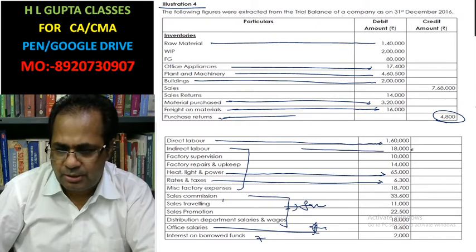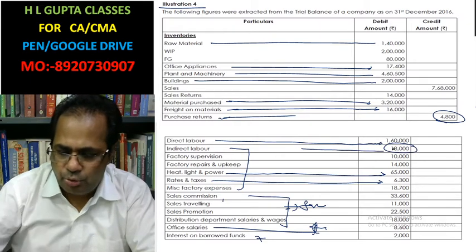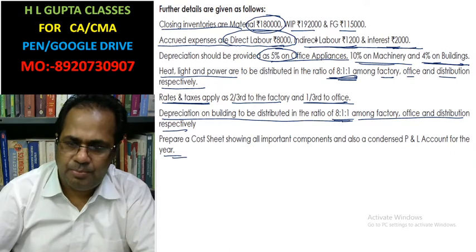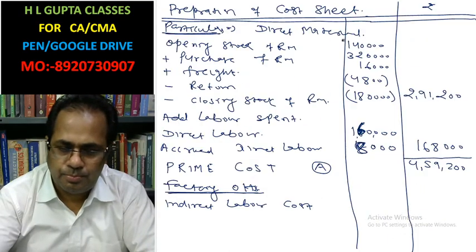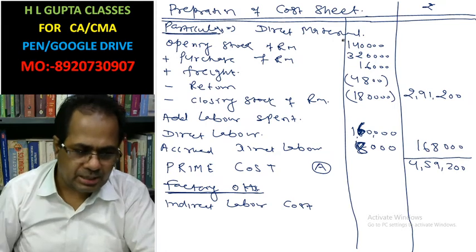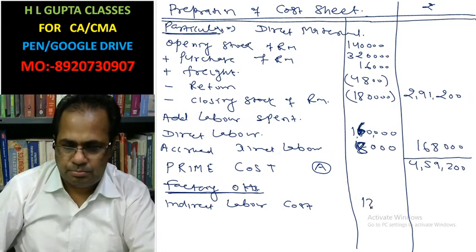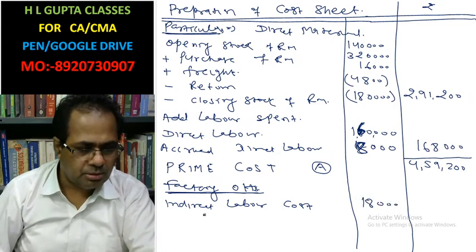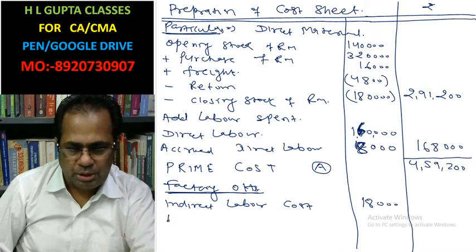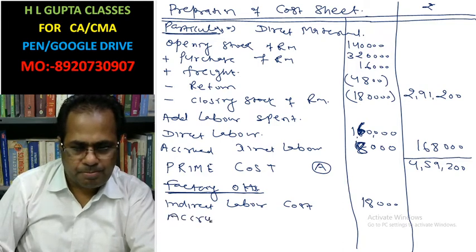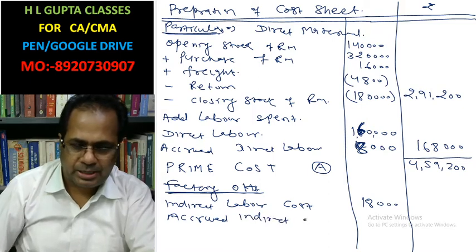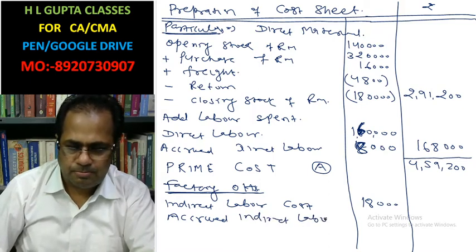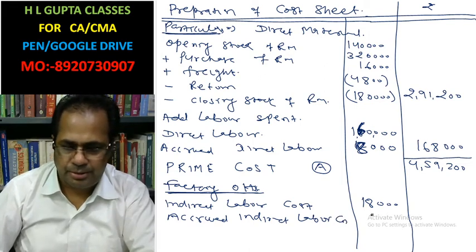Accrued indirect labor is given here, 1,200. Indirect labor 18,000, accrual of indirect labor cost, that is 1,200.